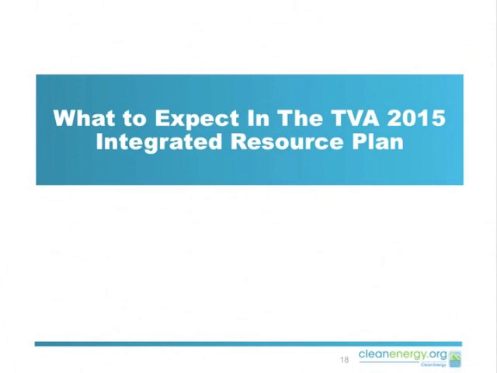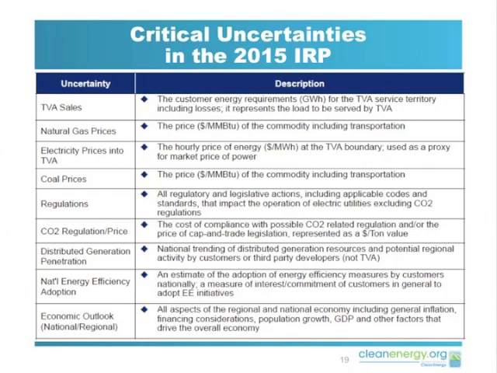So now let's talk about the 2015 IRP planning process. They've started out by addressing a number of critical uncertainties. The first of these, as we mentioned, the sales. The TVA sales have been flat or possibly even declining in the last couple of years, and they're not projected to grow as aggressively as they had in the past.